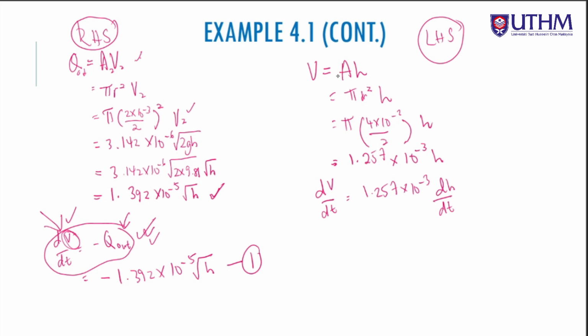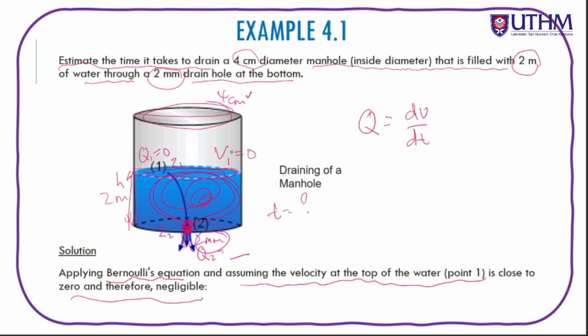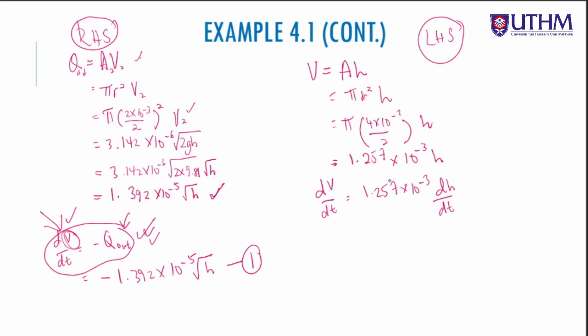So apa yang kita boleh buat, kita guna konsep of macam mana kita nak dapat volume dia. So nak dapat volume dia, kita replace, lepas tu kita differentiate with dt on both left and right. So kita samakan, so yang ni dah dapat equation kedua. So kita samakan equation pertama dengan equation kedua, sebab dv dt equals to minus q out kan.